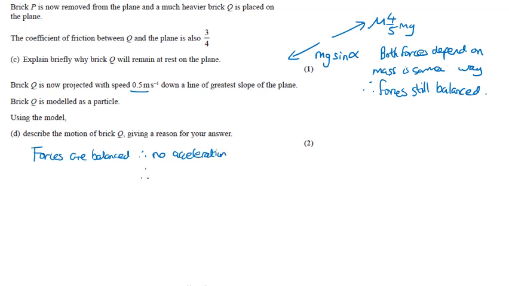Therefore Q moves at a constant speed of 0.5 meters per second. Whatever speed you set it off, it just continues at that speed because the forces are balanced. So that's question 1 done.